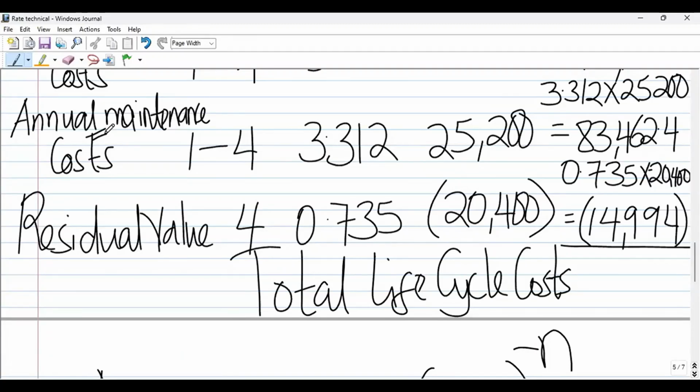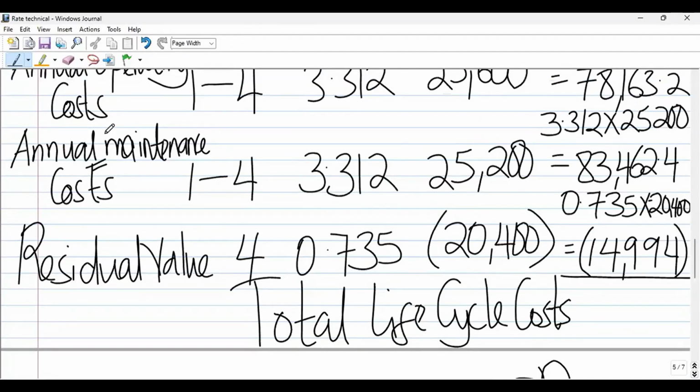When the cash flow is the same, that's when we use the annuity factor, throughout the life cycle of the product. Do you get it?